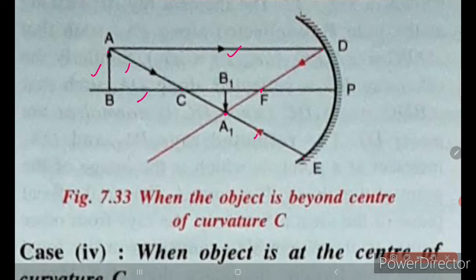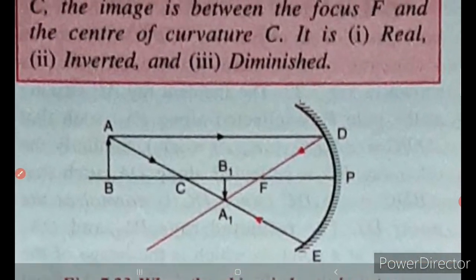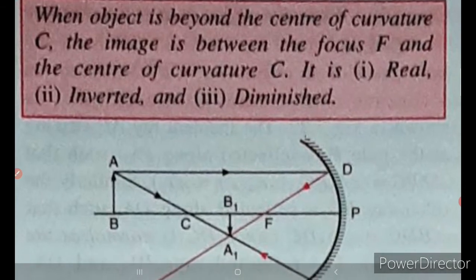So as you can see, the reflected rays are meeting here, hence the image should be created at the point where the rays are meeting. Thus we get an image of the object AB. So here A1B1 is the image of the object AB. Since the rays are actually meeting, the nature of the image is real, first thing.